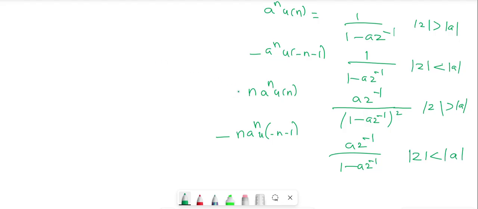So what is n into a power n u of n? It is equal to a Z inverse by 1 minus a Z inverse squared. Here I also missed the squared. So we use the shifting and differentiation property.